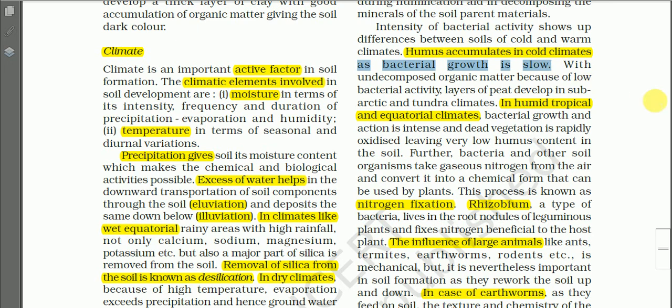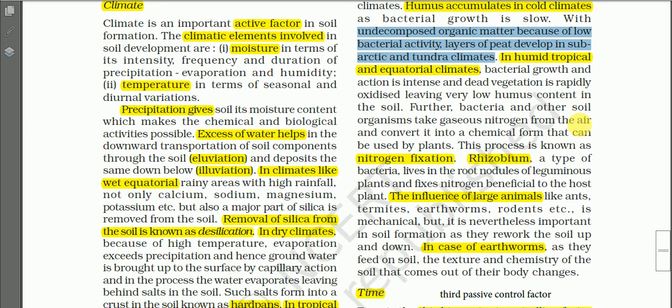So in the cold climate, this partially decomposed matter of the leaves and the organisms will be collected, because the action of the bacteria is slow, and because of that, this undecomposed or partially decomposed organic matter may form a layer of peat in cool areas like the Arctic and the tundra climate.